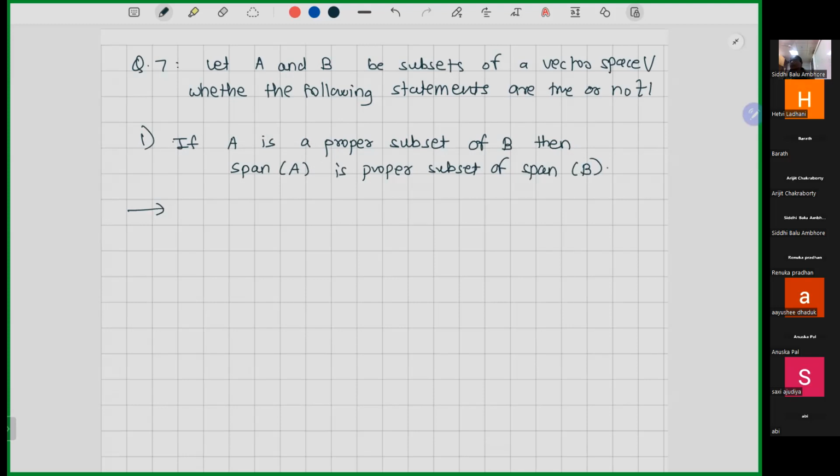Is this statement true or not? That is, A proper subset of B implies span of A is a proper subset of span of B. What is your guess?